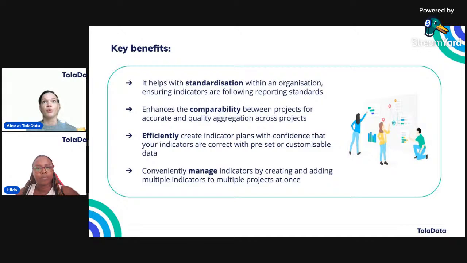So if all those indicators are set the same and they're all in the respective projects, you can be really secure and confident that that data is being collected correctly, and that there's a high quality across all your different projects. The third point there is the efficiency to create indicator plans with confidence that your indicators are correct with preset or customizable data.